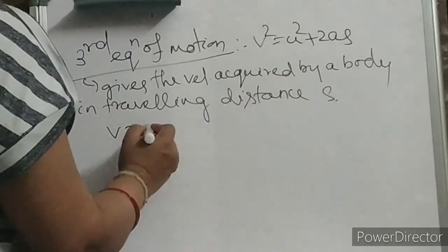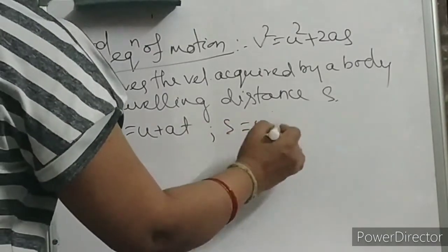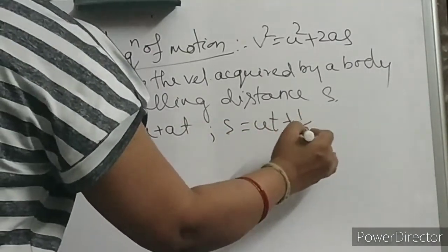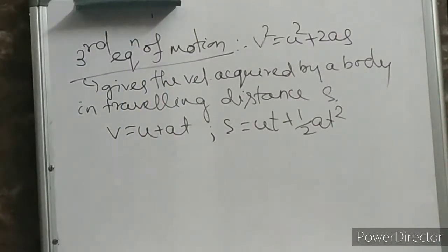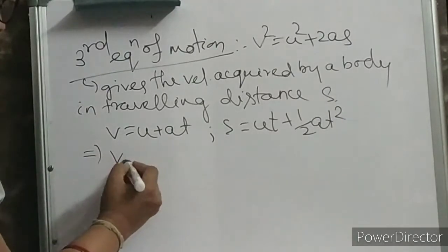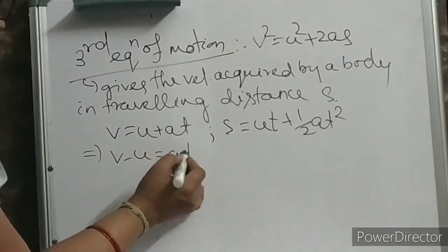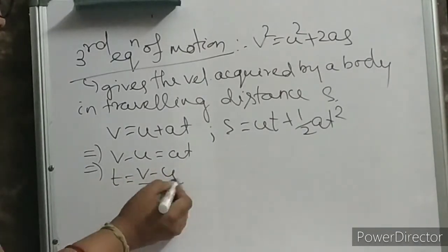V is equal to U plus AT. And the second equation is S is equal to UT plus half AT square. From this we can find T. Rearranging, V minus U is equal to AT, so T is V minus U by A.